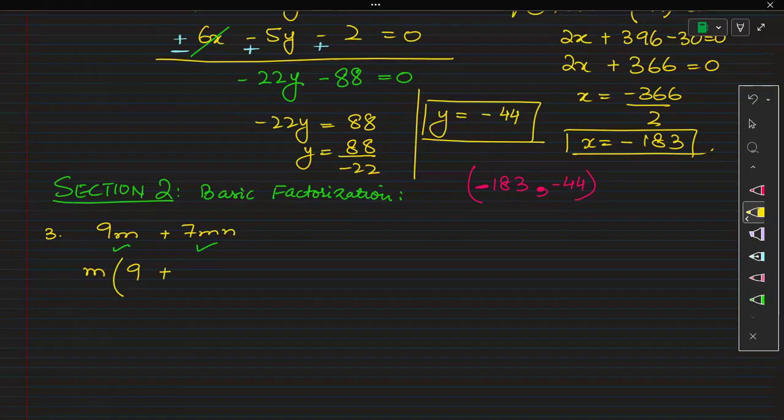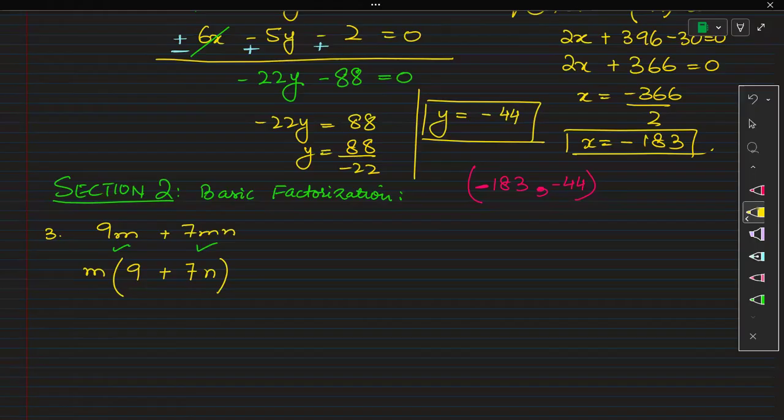If you have taken a minus sign, the same concept is applicable: you always change the sign if you have taken a negative sign as common. Now 7 is there, m is already taken common, so n is left. So here we go. We have got the answer.